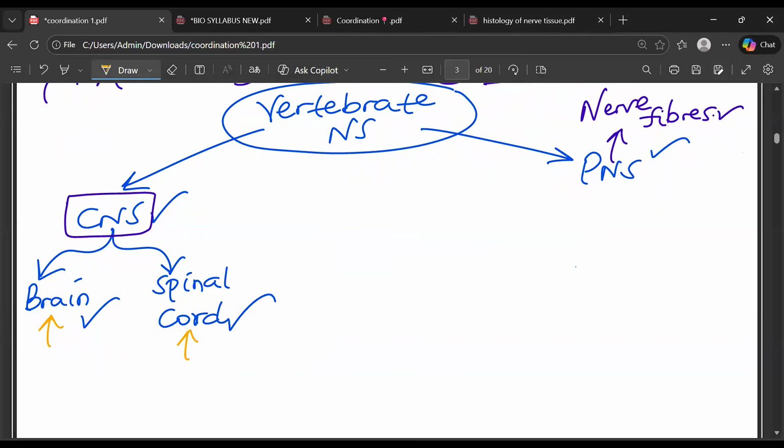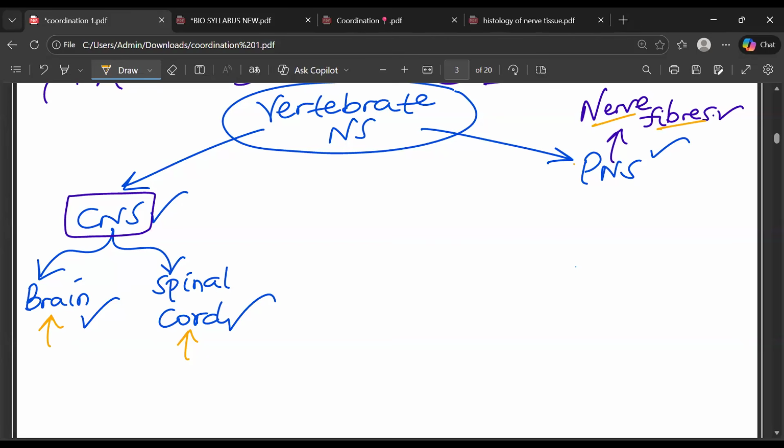Remember these nerve fibers, they are the ones that take us to the effectors. The ones that perform the responses. They are the ones that do that final thing we really see. You run, you withdraw your hand, a lot of things happen.